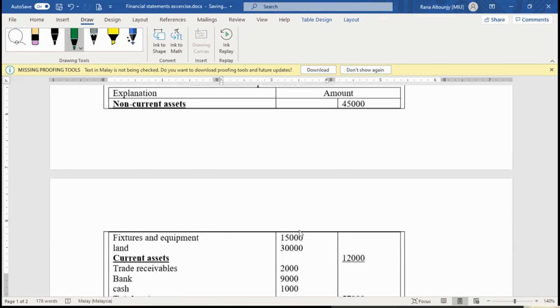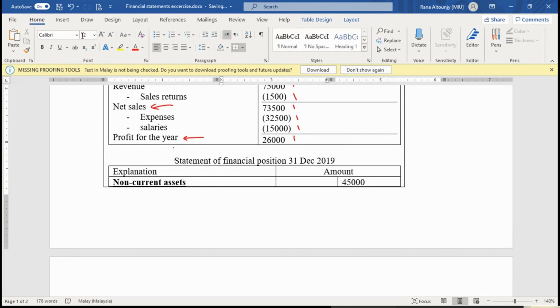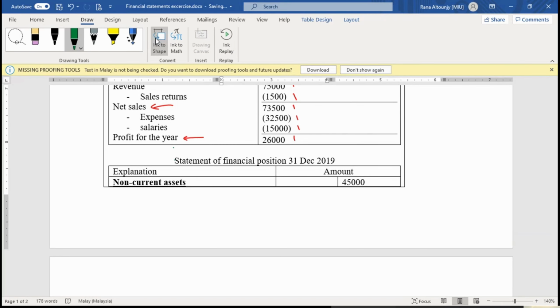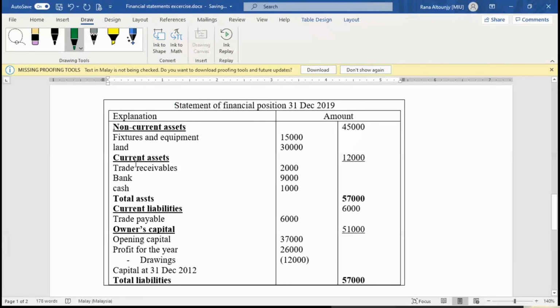So if you see this second statement, look how I arranged it. First, I put the non-current assets.